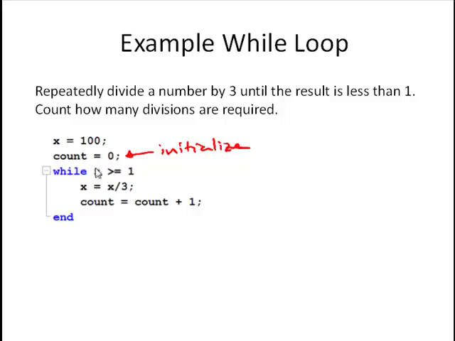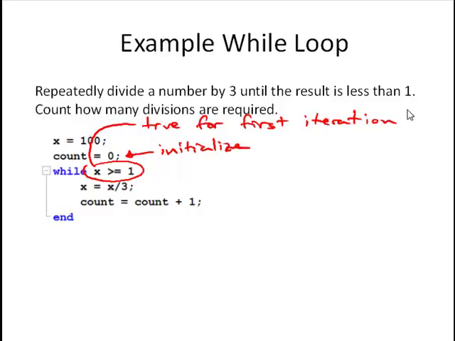One note is we have to make sure that this condition is true for the first iteration, or the while loop won't happen. So that's one key here. Since we want to go until the result is less than 1, we're actually using the converse, and will loop while x is greater than or equal to 1.